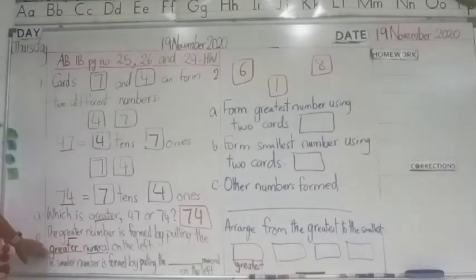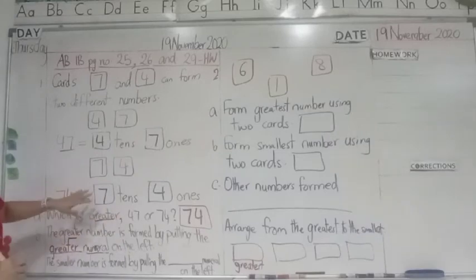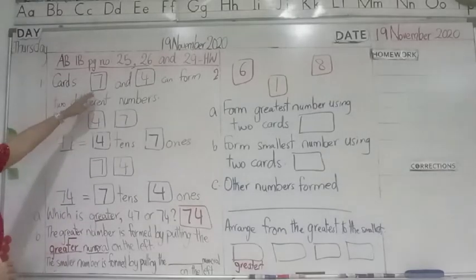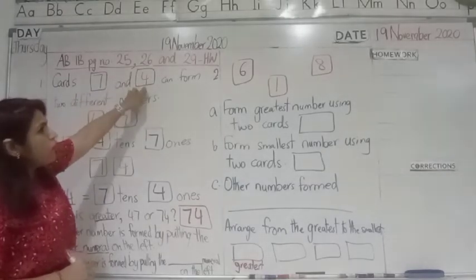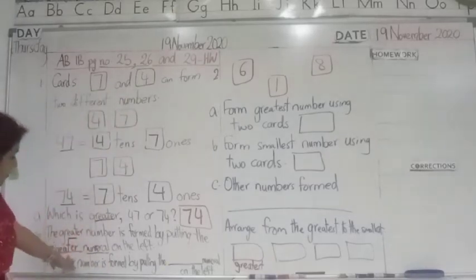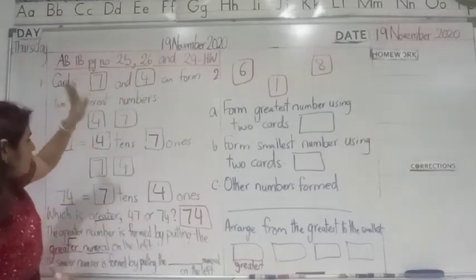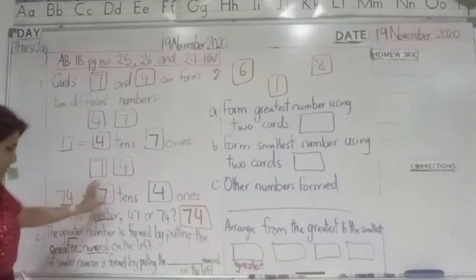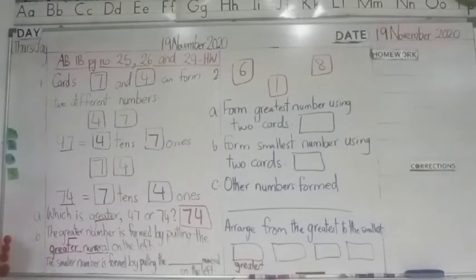The word is already given in the instruction, greater. Which is the greater number, 7 or 4? 7. So you have to put a greater number on your left hand side, which is tens place. We have sorted the first sentence.